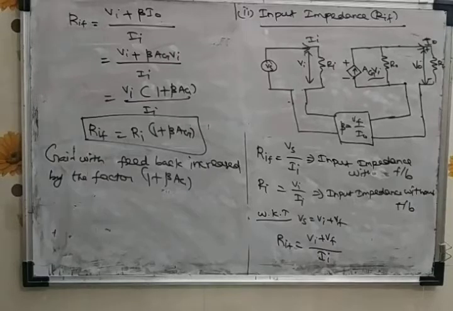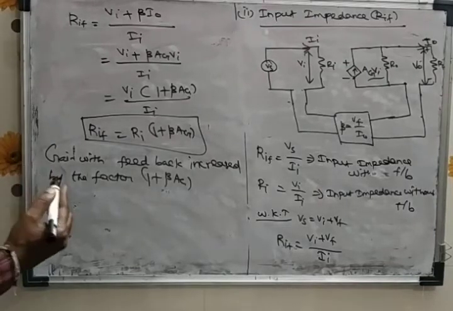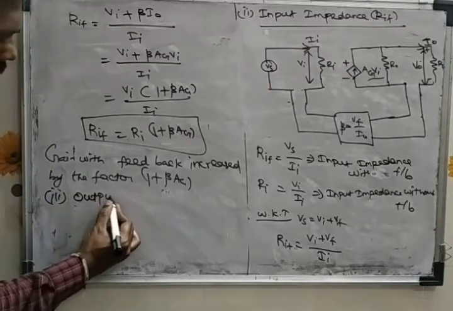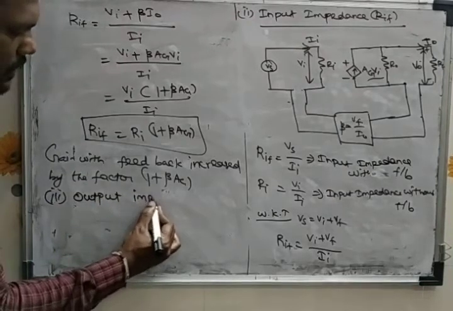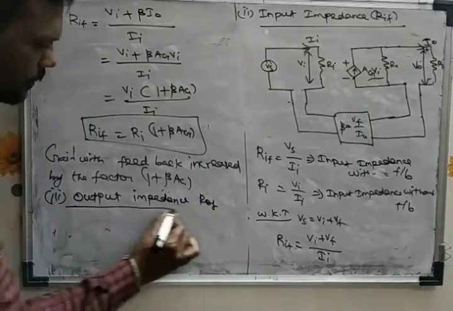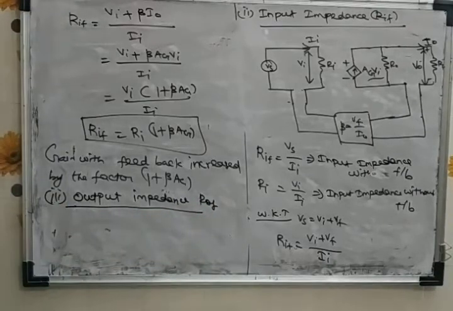Next we have to find output impedance. So third parameter is output impedance R naught F. So to find output impedance, make input source is 0.